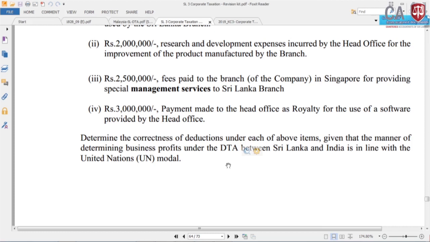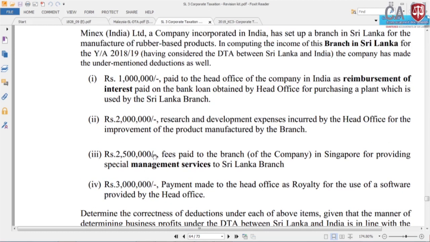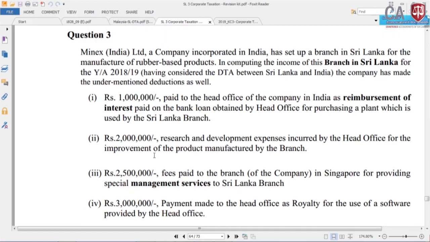Okay, then we will come to each of these scenarios one by one. What's the first one? The first one is the background information. Minex India Limited, a company incorporated in India. Let me analyze the question while I am reading. Okay, it's Minex India Limited.